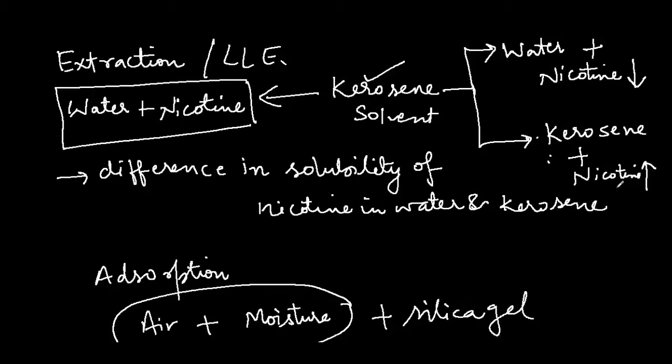Because the solubility of nicotine in kerosene is more, more nicotine will be in phase 2 and less nicotine in phase 1. So we get water which contains a smaller amount of nicotine. Here the difference in solubility of nicotine in water and kerosene is utilized to separate it.